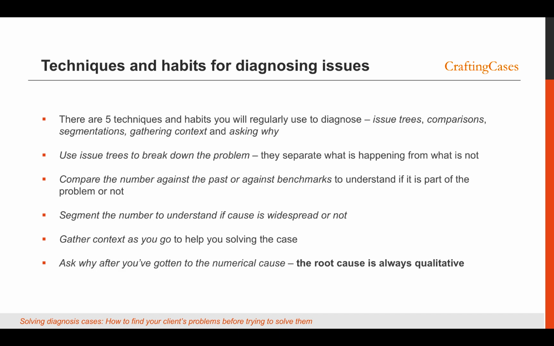Finally, ask why after you've gotten to the numerical cause. The root cause is always qualitative. The reason why the root cause is always qualitative is because things happen because of people. Your client's competitors, the customers, the distribution channels, these people change their behavior.